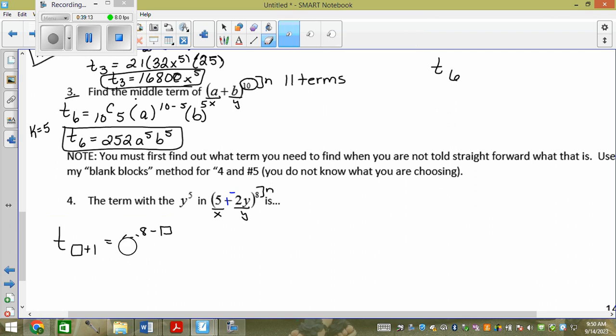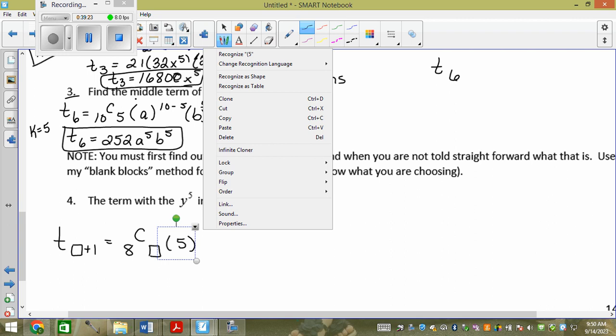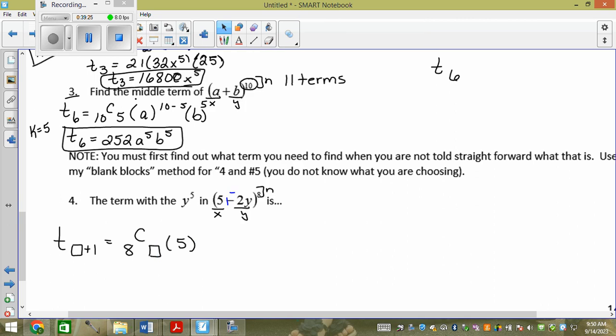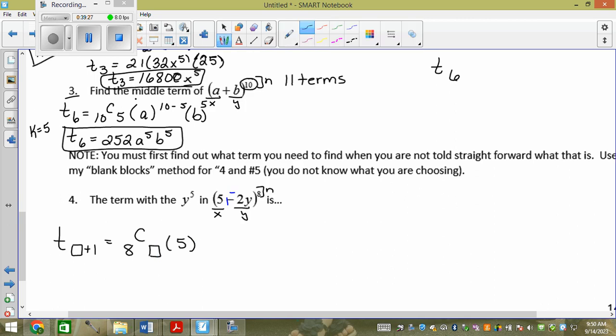Totally omitting the C part. That happens to me every so often. You'll see it. It's real. Okay, 8C box X to the 8 minus box, negative 2y to the box.